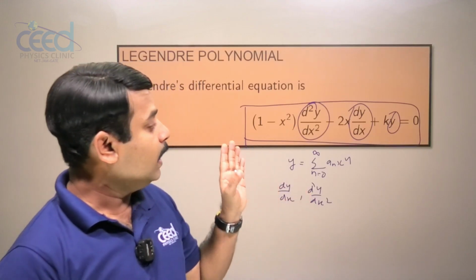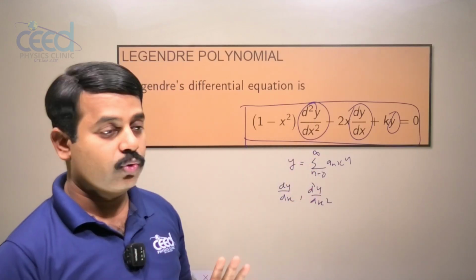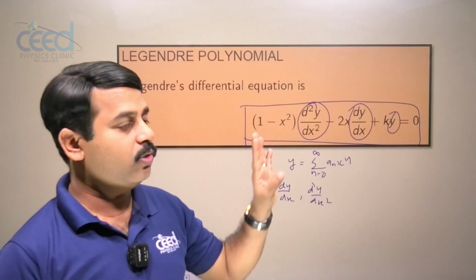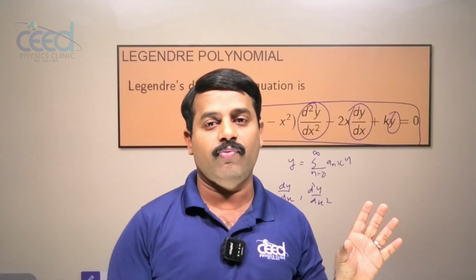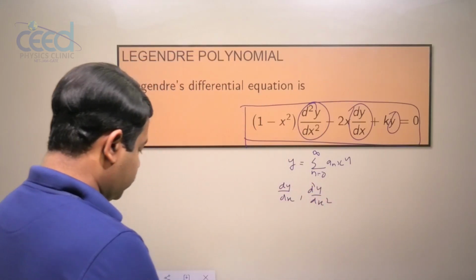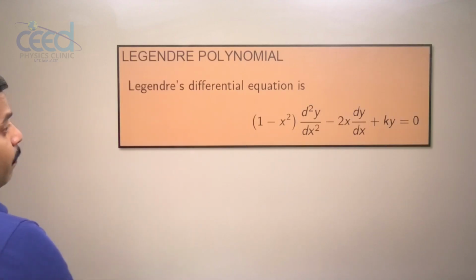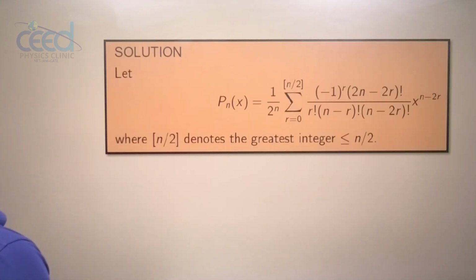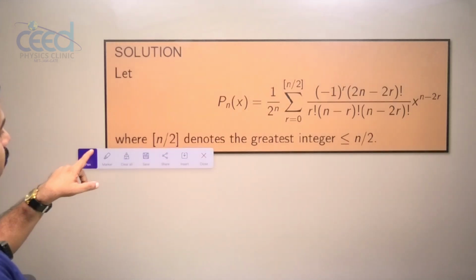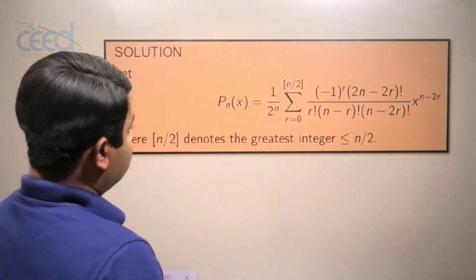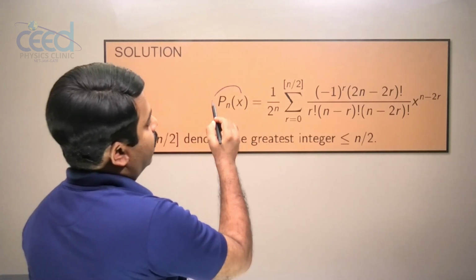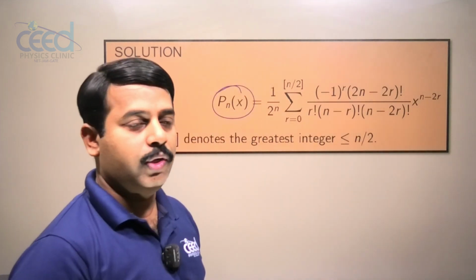Right. Now we are not focusing on deriving the solution, we need the direct solution. What is the solution of this differential equation? Right. So let us go to that. See, this is the solution of the differential equation. This solution is known as Legendre polynomial.